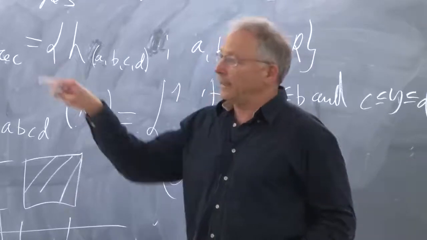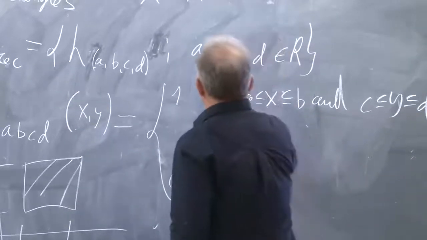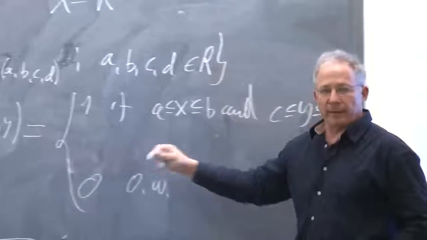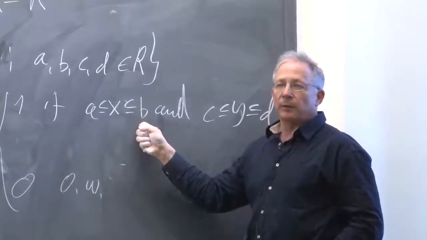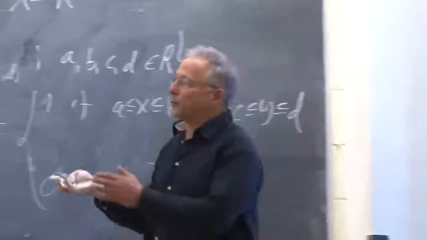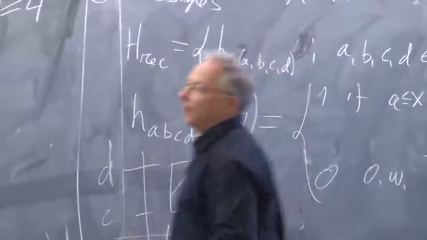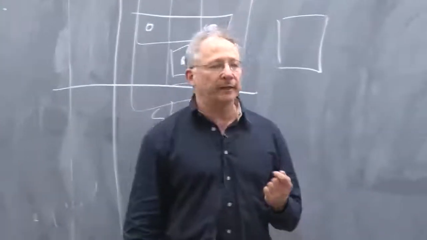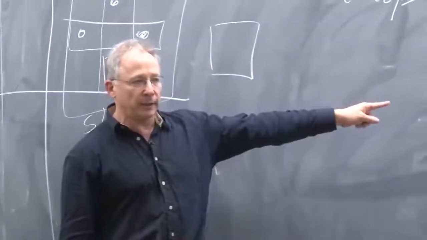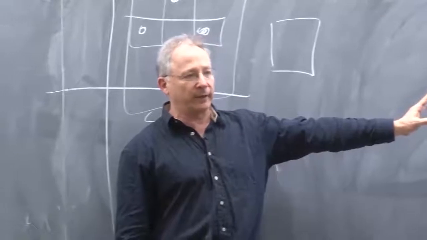No, but this is all axis-aligned rectangles. So we just define the rectangle by having 2 coordinates. You're right, that was a good question. If I take rectangles which are rotated, I could shatter this guy. But my class H rectangle, if you look at the definition here, is axis-aligned rectangles.